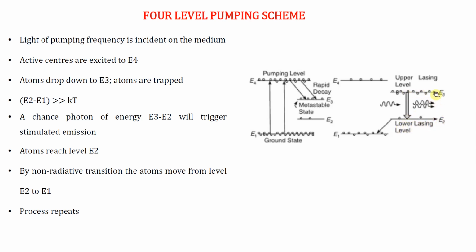So now E3 becomes the upper lasing level and E2 becomes the lower lasing level. And if any non-radiative transition can occur, then the atoms at the level E2 can come down to E1. And once again the whole process can repeat by giving more pumping, giving more external source of energy.